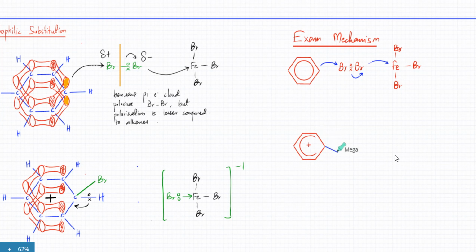Show the H and the Br now, because now look at the left. It's got an H, but it's also got a Br now. So you have H and the Br, and in the next step, you're going to show the electrons from H leaving the H and joining the benzene electron cloud. That's what's going to happen. And on the other side, you'll have FeBr4, sorry, FeBr3 minus 1. Sorry, FeBr4.